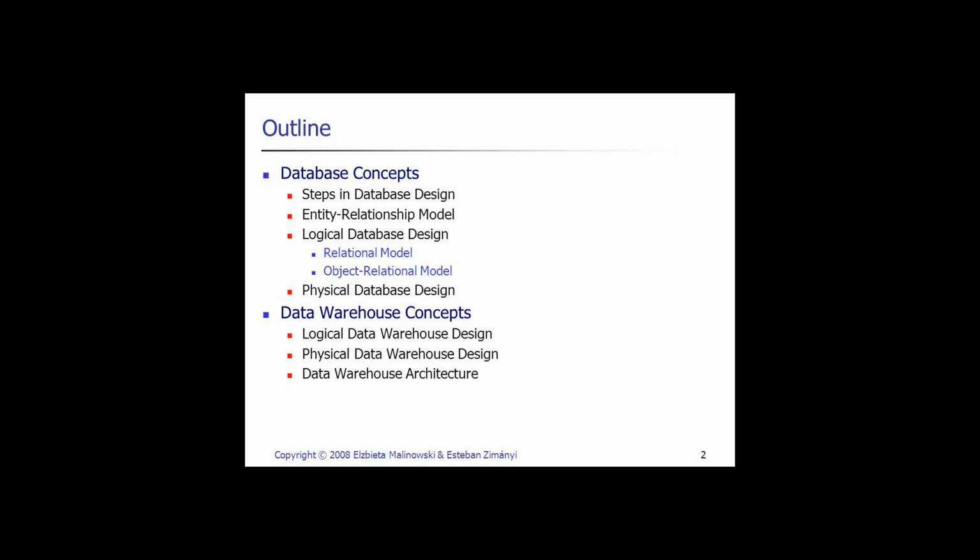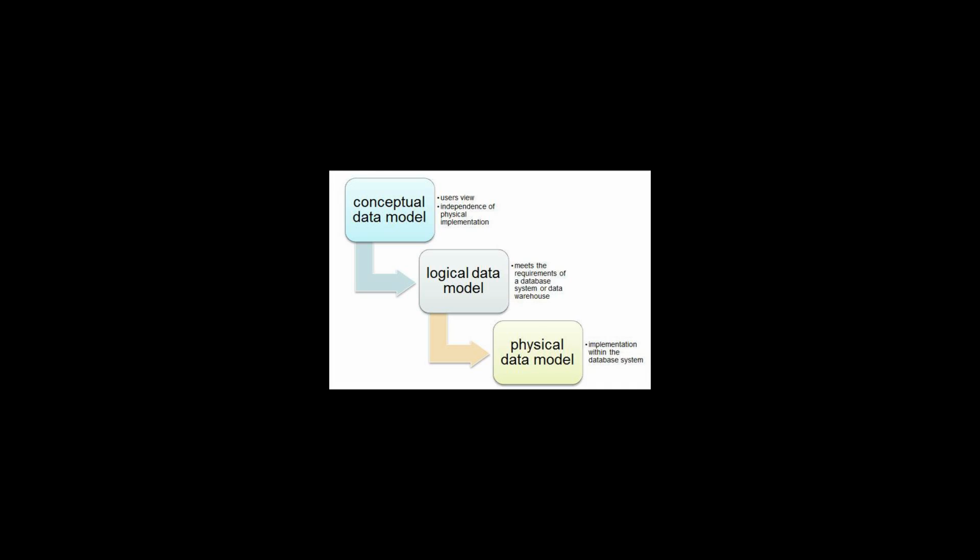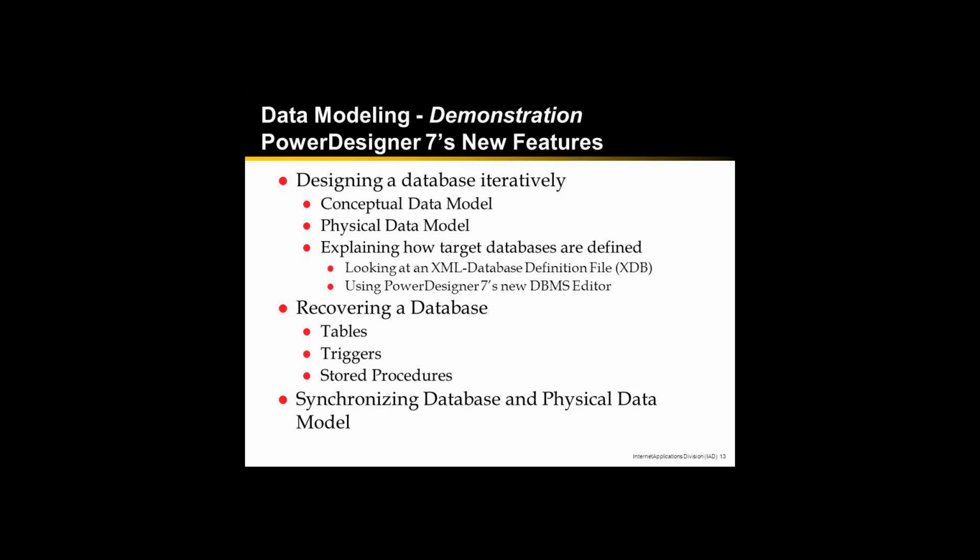This is as opposed to an external schema that reflects an individual's view of the data, or the conceptual schema that is the integration of a set of external schemas.